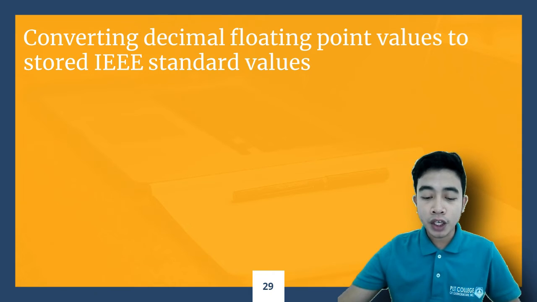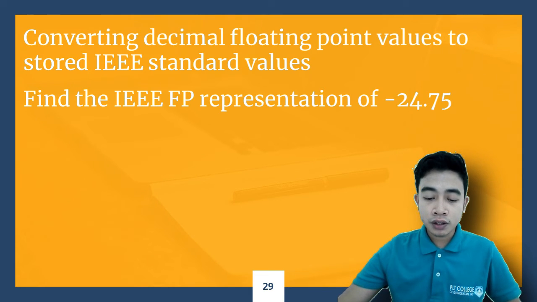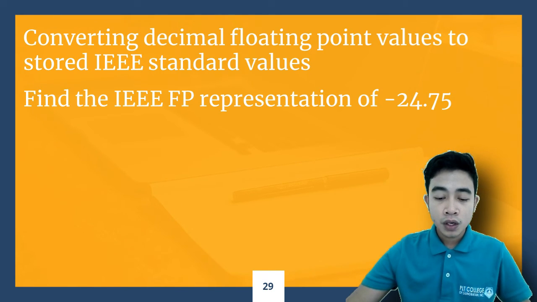Now we are going to convert decimal floating point values to store in IEEE standard values with a negative sign. Find the IEEE floating point representation of negative 24.75.